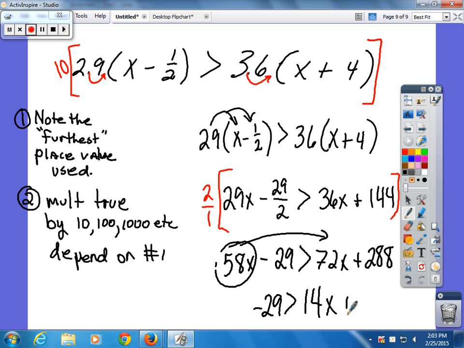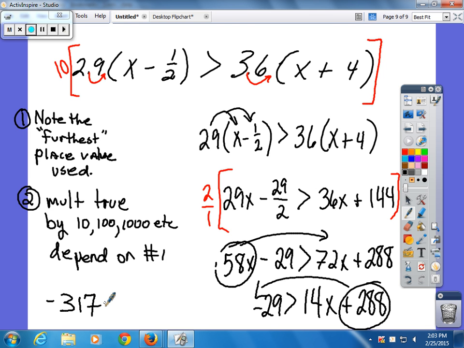Thank you for checking for us. 288 goes across, and that's going to be minus. In other words, that's going to be 317. Negative 317 is greater than 14x.